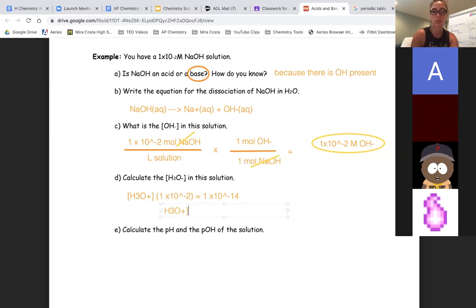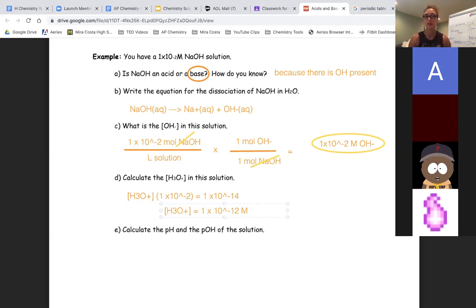This is a concentration, so I should put brackets around it. Equals 1 times 10 to the negative 12th. Units are molar because it's a concentration, right?